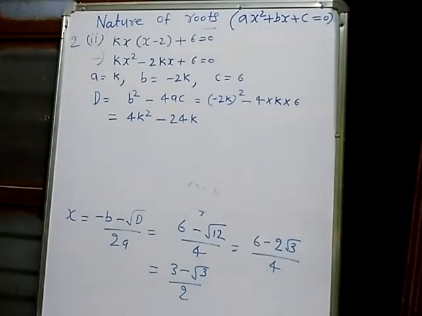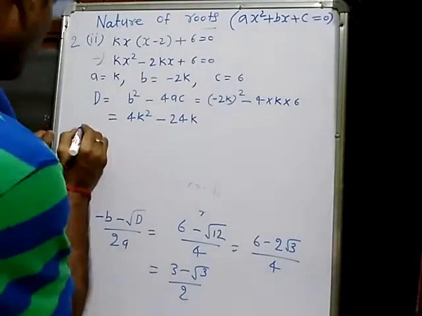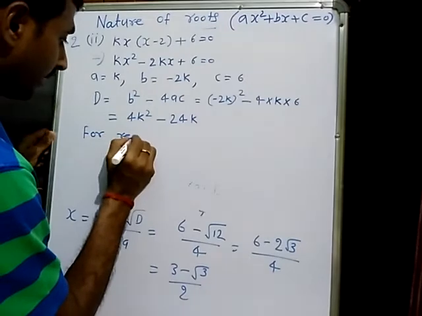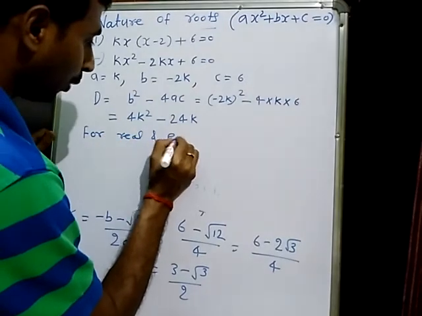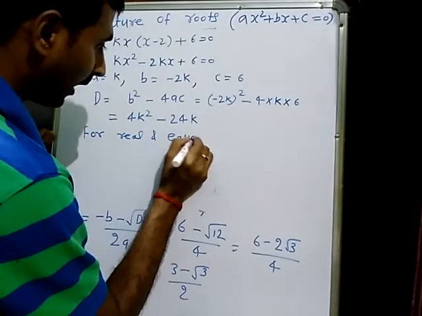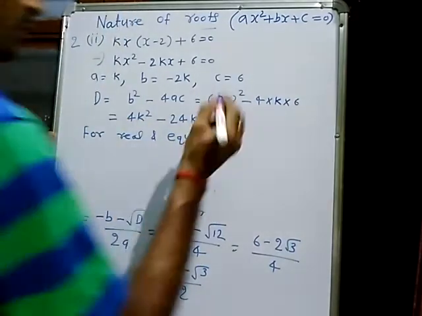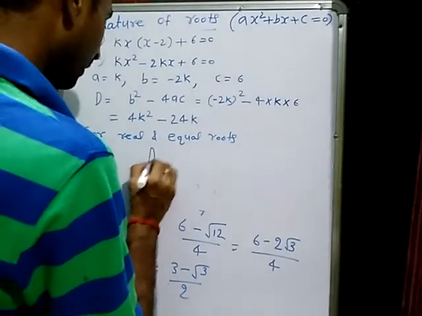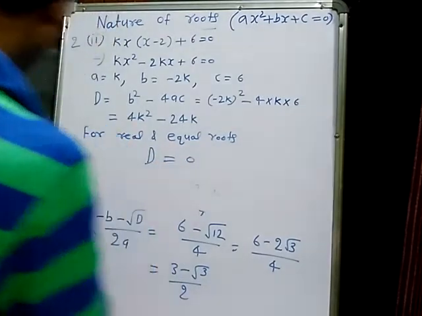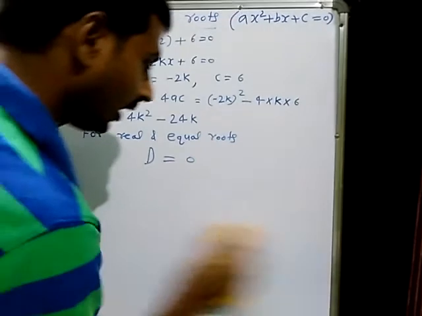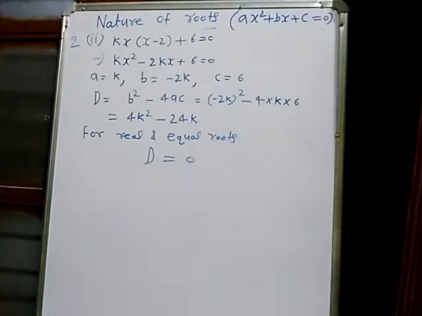We need to solve this for equal roots, for real and equal roots. So for real and equal roots, or you can say only for equal roots, what should it be? D must be equal to 0. So we have to put D equal to 0 and solve. D should be equal to 0.